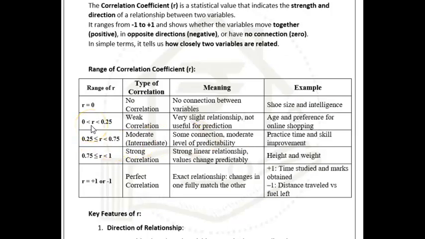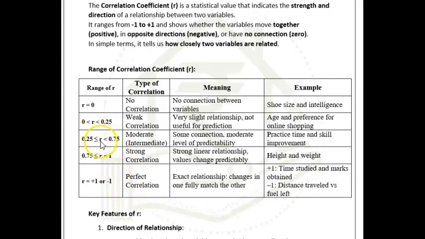If coefficient R is greater than 0 but less than 0.25, then it is a weak correlation, meaning a very slight relationship, not useful for prediction. Age and preference for online shopping have a very weak correlation.